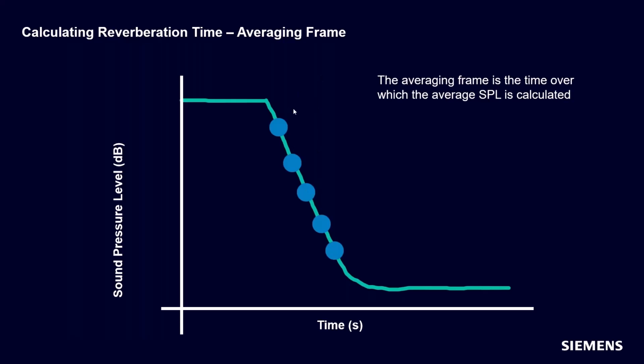And then this averaging frame value specifies how much data we're actually using to calculate the average sound pressure level over this particular point. And these are, in my opinion, the two parameters that are the most important when trying to calculate reverberation time, because setting these parameters incorrectly will result in an inaccurate measurement of this slope.